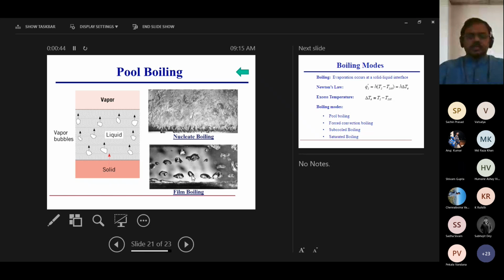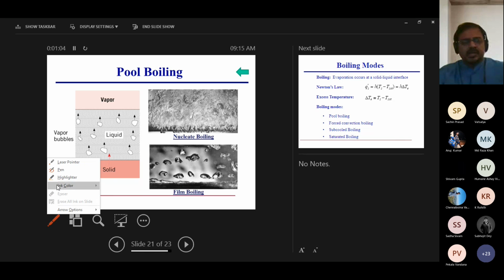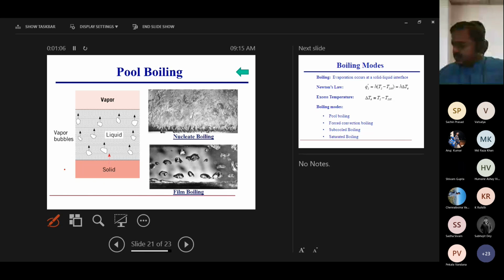Then what happens is the bubbles adjacent to each other start coalescing, forming a bigger bubble that clings to the surface and slowly forms what is called a film. And that is what you see here. You see the formation of this film over here.